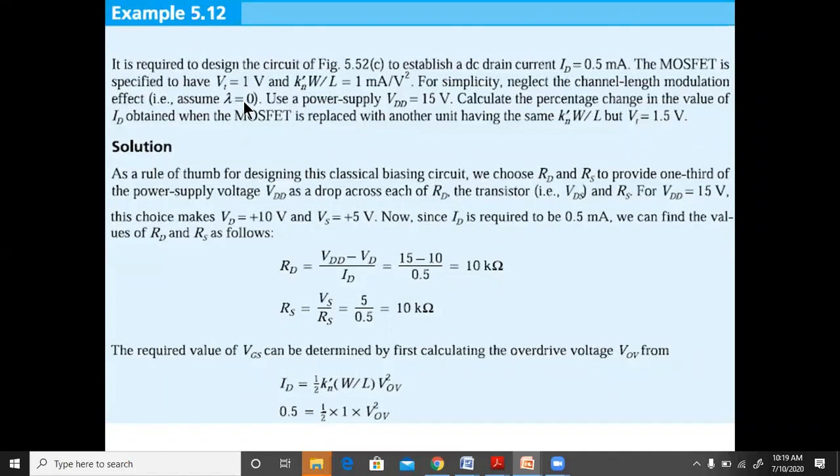This is just mentioned, and the equation for saturation will be different. If channel length modulation is there, you need to multiply by 1 plus lambda VDS. Because we have lambda equal to 0, we can just consider the equation which we have considered here.